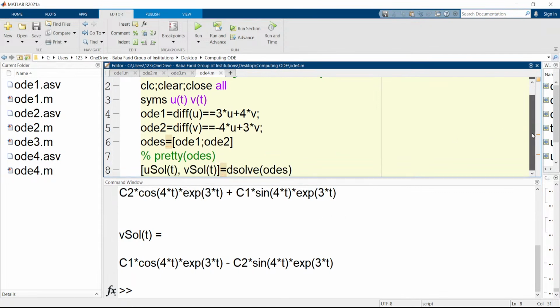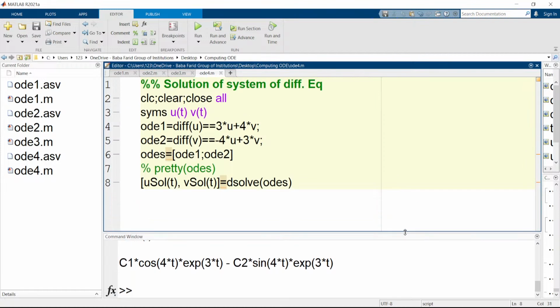Further, if along with the system of equations you have the conditions, you can apply the conditions also.